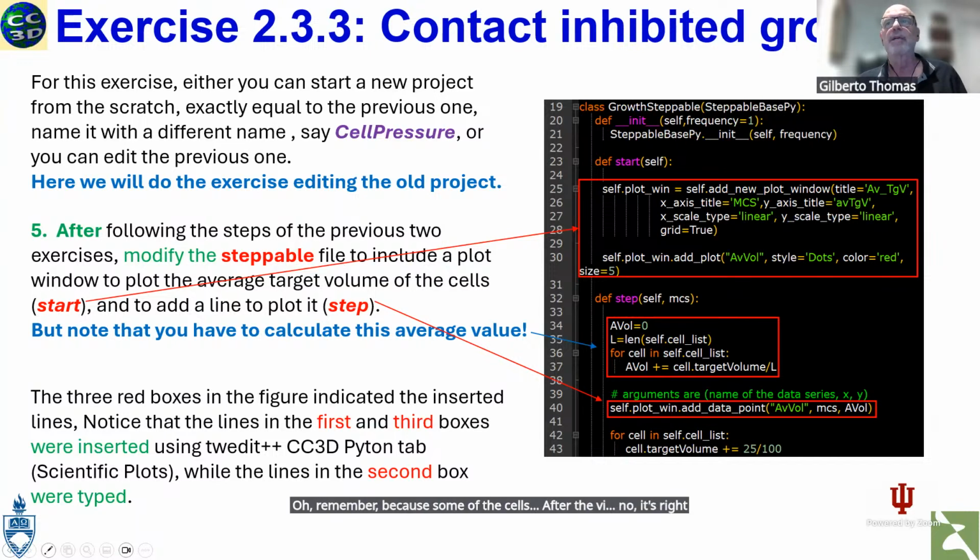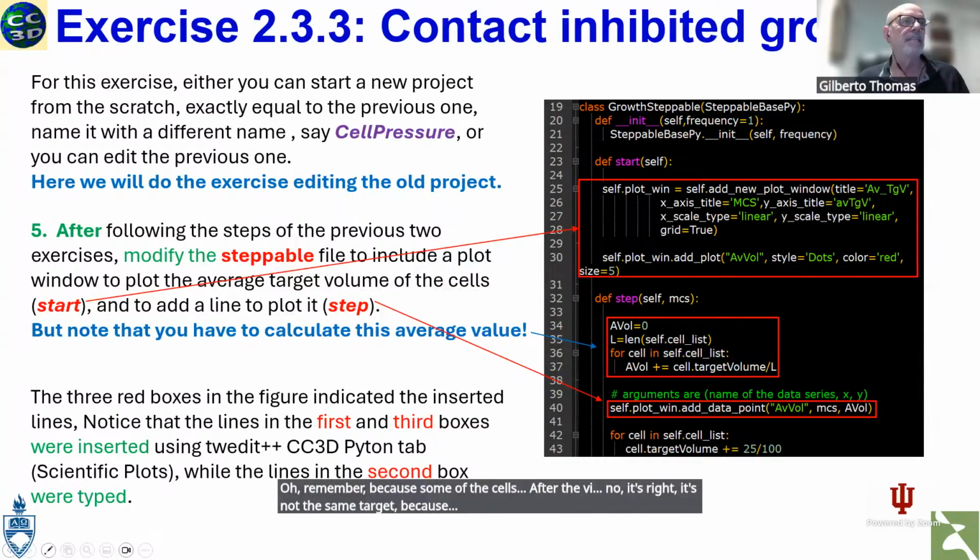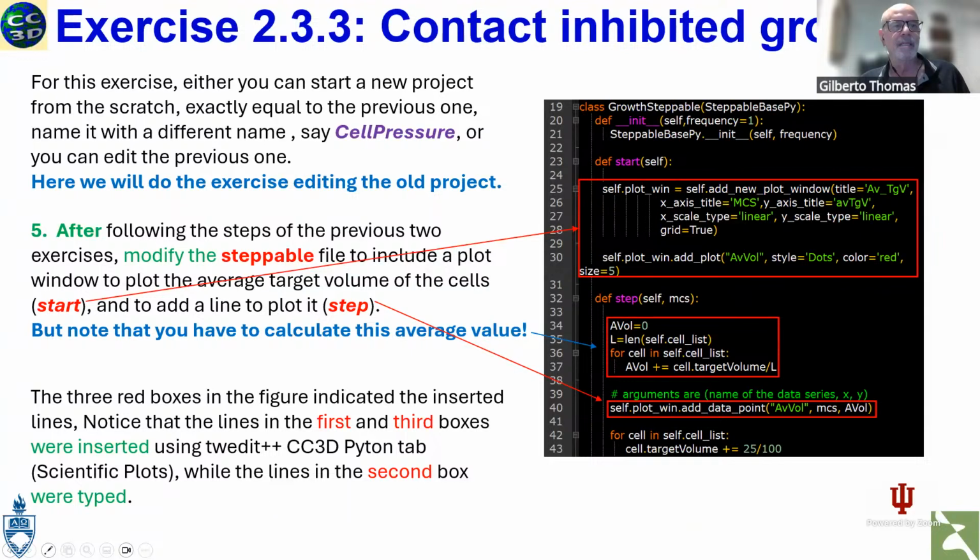It's not the same target because the cells divide at different time steps, so the target volumes for the cells may be different. Because of the stochasticity, they don't acquire the same target volume at the same time. They grow differently. Okay, let's go on.